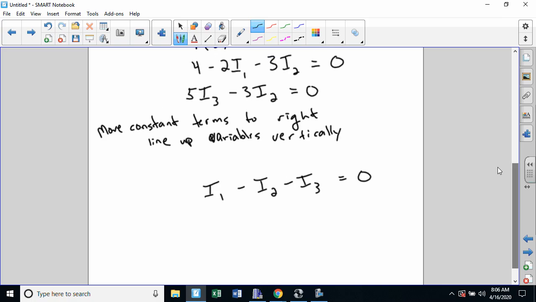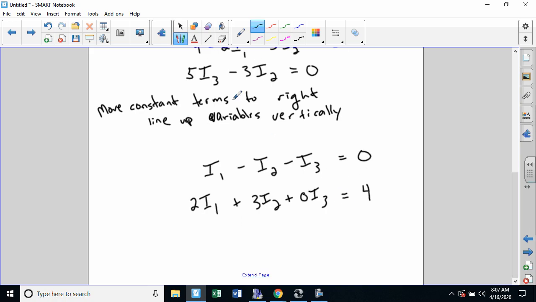The second equation, I need to move the 4 over, and of course, I can subtract 4, but then I've got a minus on everything, so I'm going to go ahead and turn them all to positive, so it will be 2I1 plus 3I2 is equal to 4, but the last thing I'm going to do here is I'm going to say plus 0I3. There is no I3 term in the second equation, but I want to line up the variables vertically.